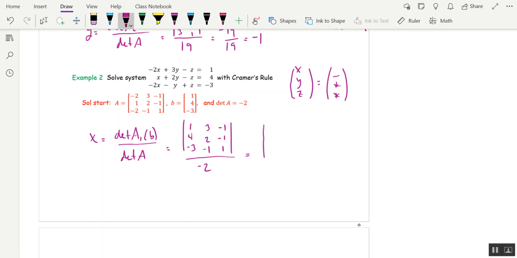I'm going to take this 1 and kill off the negative ones above by row replacement. So if I add row 3 to row 1, I get negative 2, 2, 0. And if I add row 3 to row 2, I get 1, 1, 0. And then just leave row 3 alone.